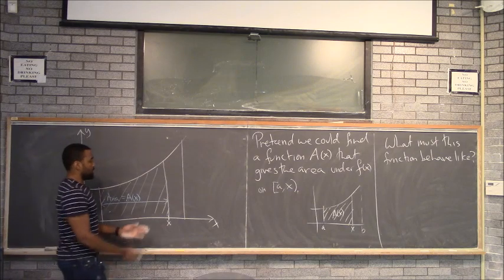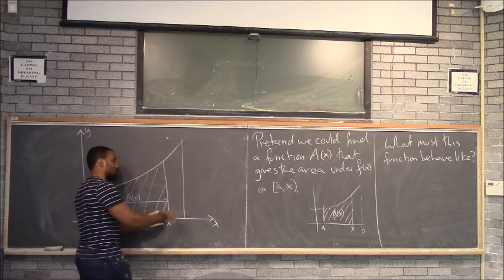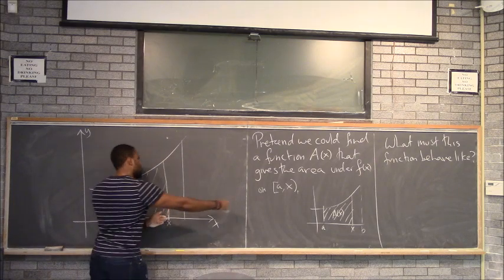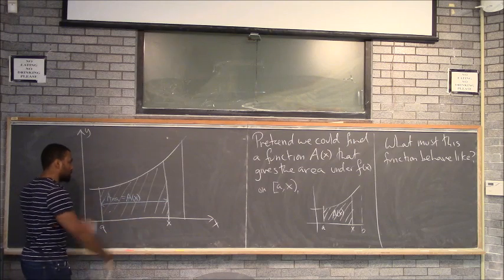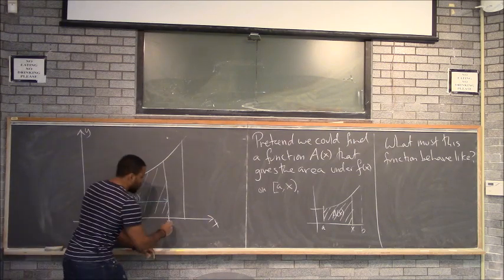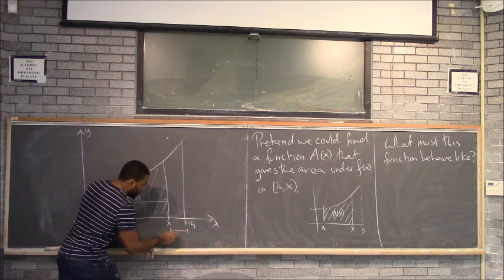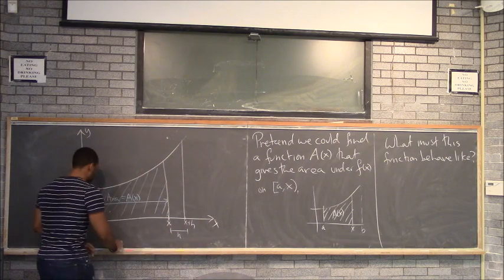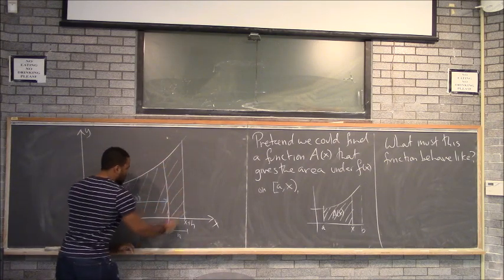Now, I'm going to say, what if I kept pushing that function further, right? Like my b was further to the right, and I want to keep inching this function forward until x hits b. So I'm going to push this function a little bit further, and I'm being very suggestive here, obviously, to a point further along called x plus h, right? So I want to push it a distance h further, and now I can extend what this area covers.